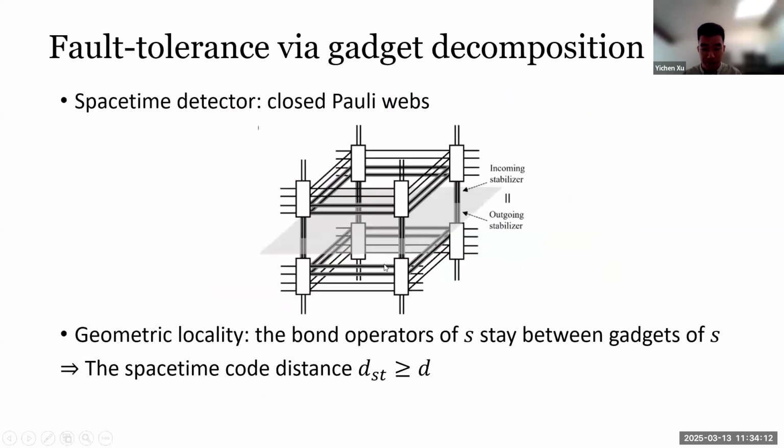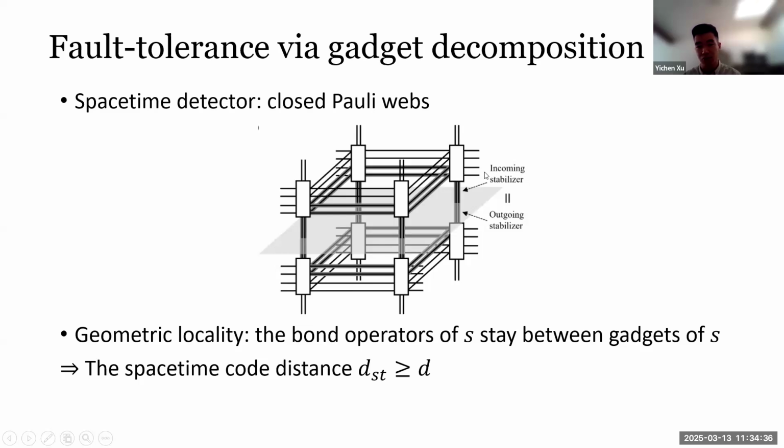But if your incoming or outgoing stabilizer only stays connected between these gadgets, then when you repeat this dynamical code, these polywebs will be confined in the geometrical region of the dynamical code.